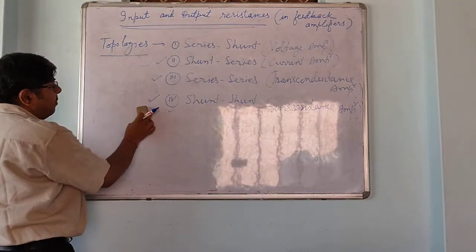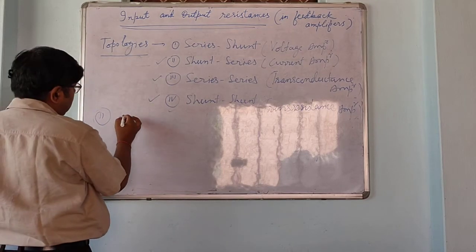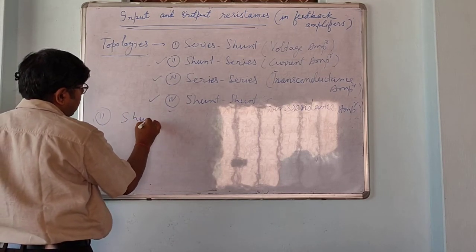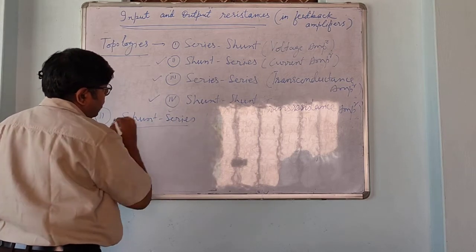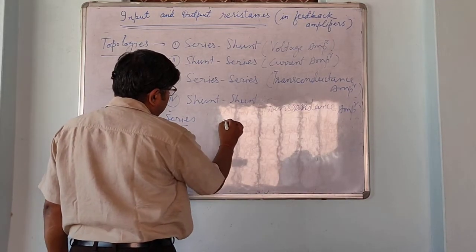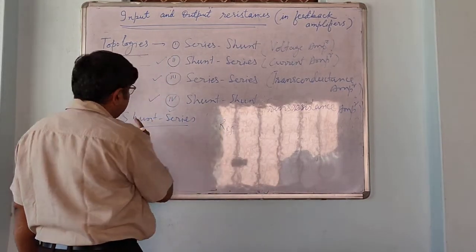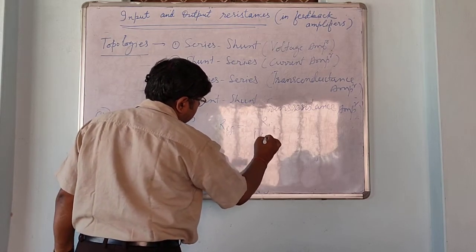For second, that is shunt series. Rule is saying at input connection is shunt, therefore this is decreased by the value 1 plus Aβ.